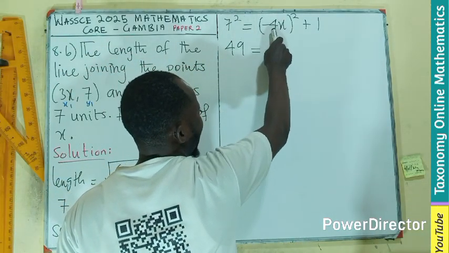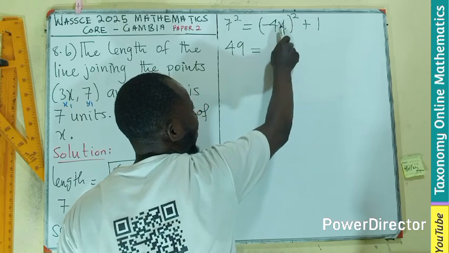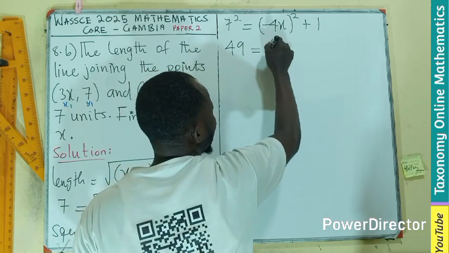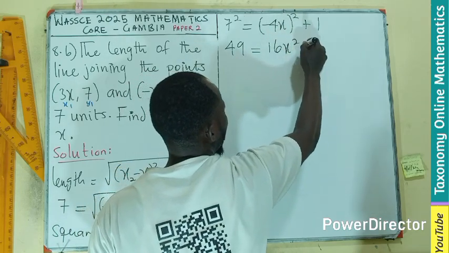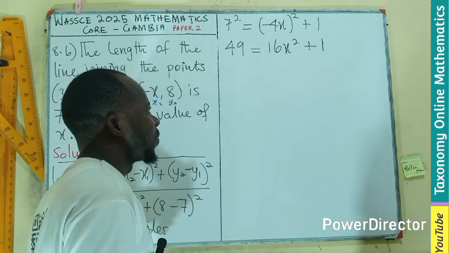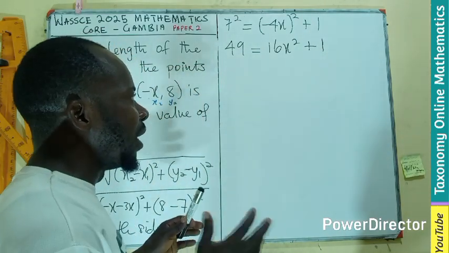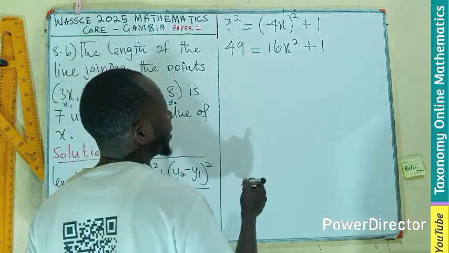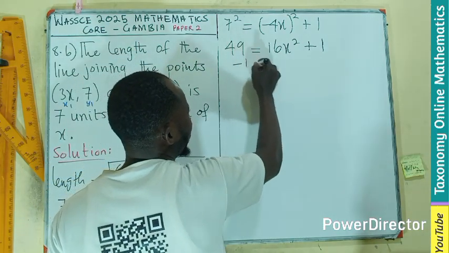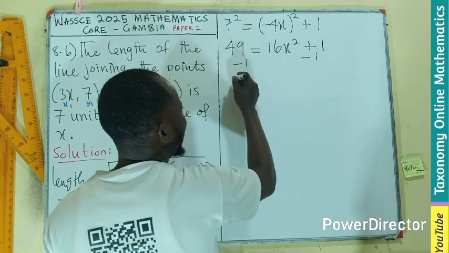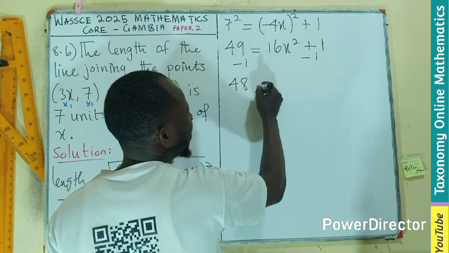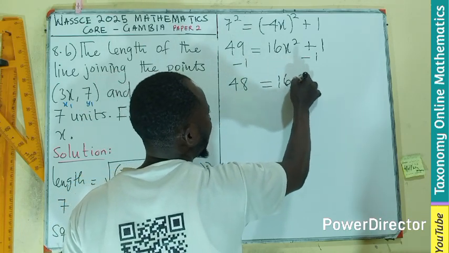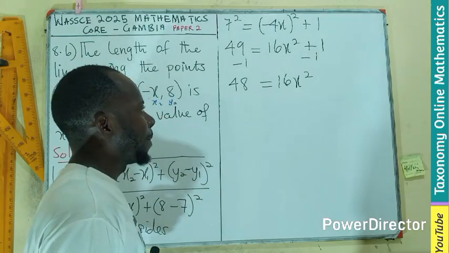equals minus 4 squared times x squared. That will be 16x squared plus 1. What can we do? Let's eliminate the 1 by subtracting 1 from both sides. So if I subtract 1 from both sides, I should be having 48 equals 16x squared.